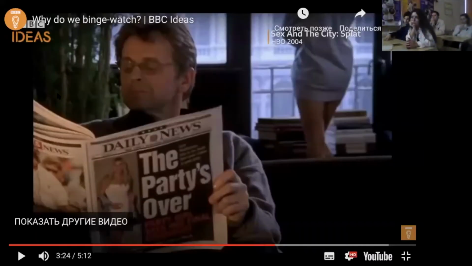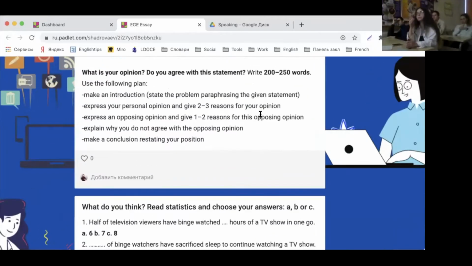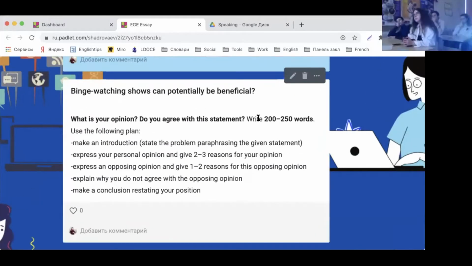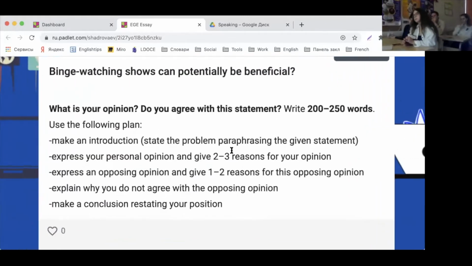Let me again share my screen and remind you what people typically have to do when they write an essay. That's the plan you are quite familiar with. If you have any statement of this kind, it's beneficial or it's not beneficial, you either agree or disagree, and you may have any opinion. You express your opinion in paragraph number 2 and give some reasons.